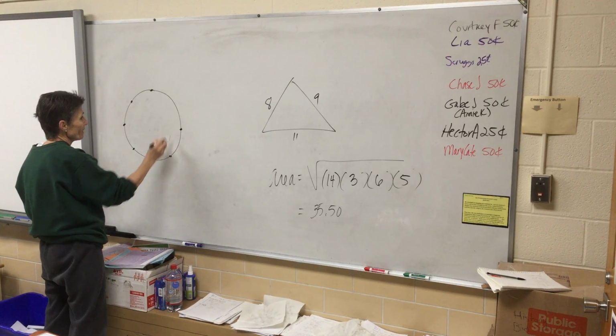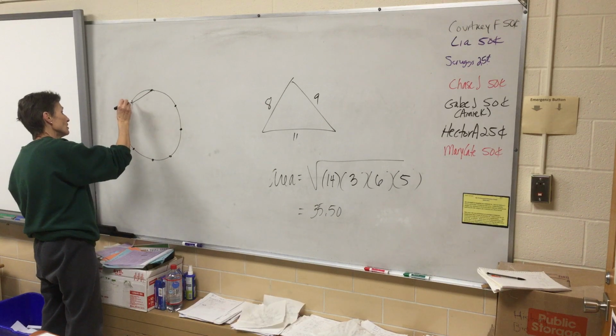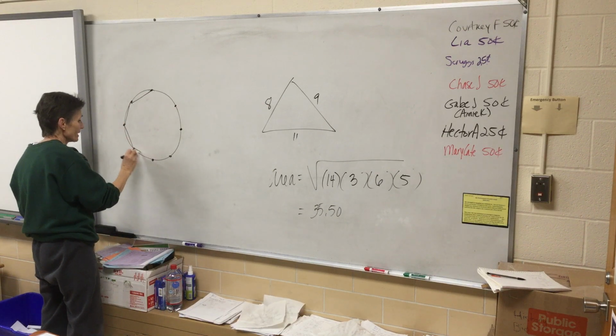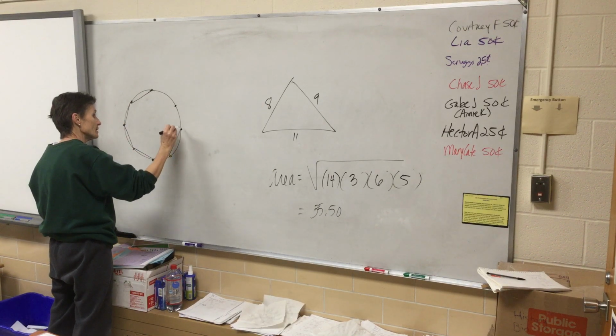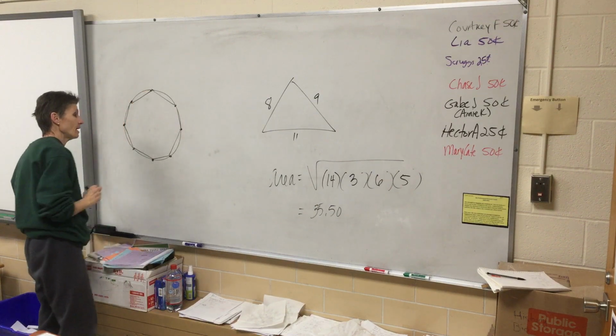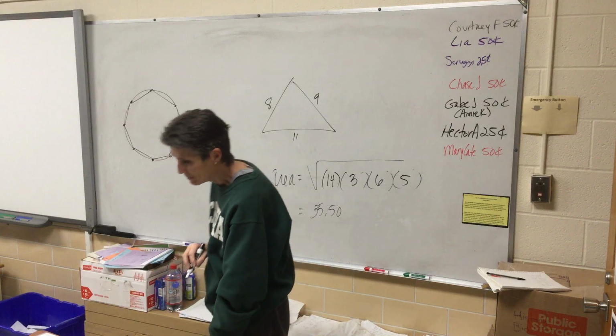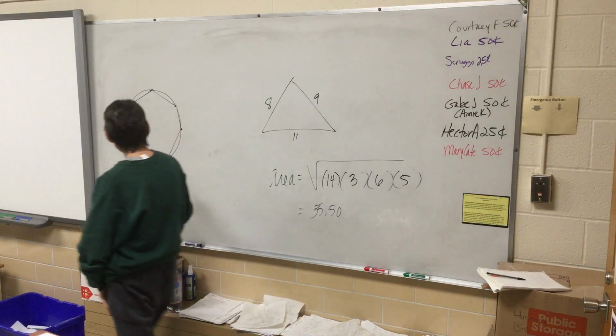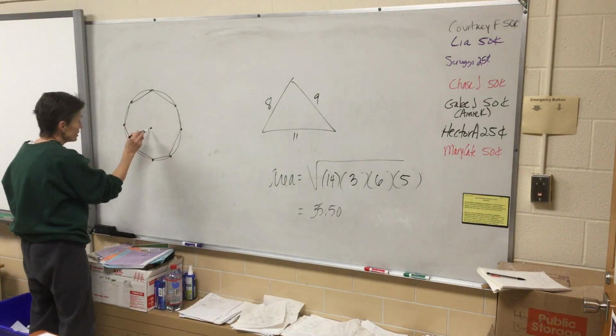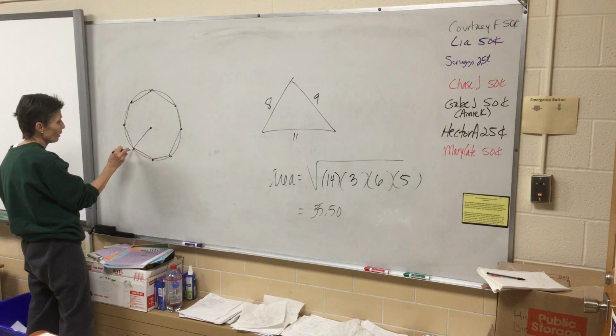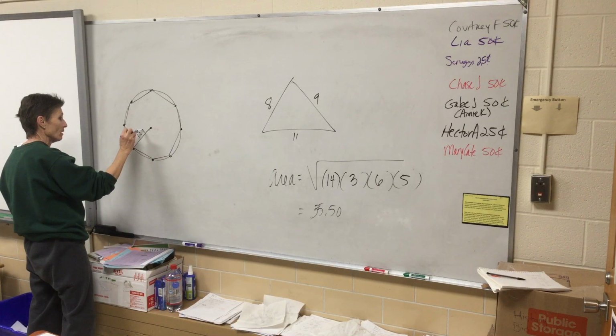Nobody's grading our octagon, so just do the best you can. Connect your dots with straight lines. And there's your octagon inscribed in a circle with a radius of 12. So go from the center to one of your dots, and that's 12.